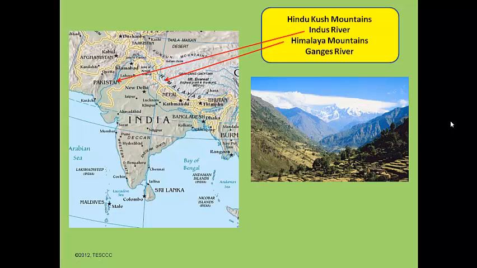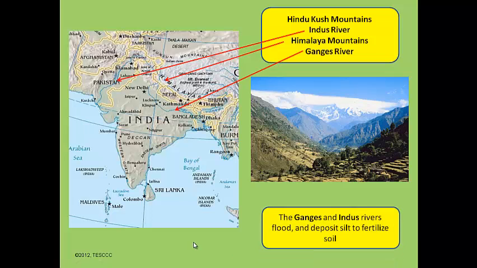Next, we have the Indus River, which is very important. The Indus River and the Ganges River are very important because they have come up with a way to set up irrigation in order to keep their crops wet and fertile so that they're always able to grow things and survive off of the land.